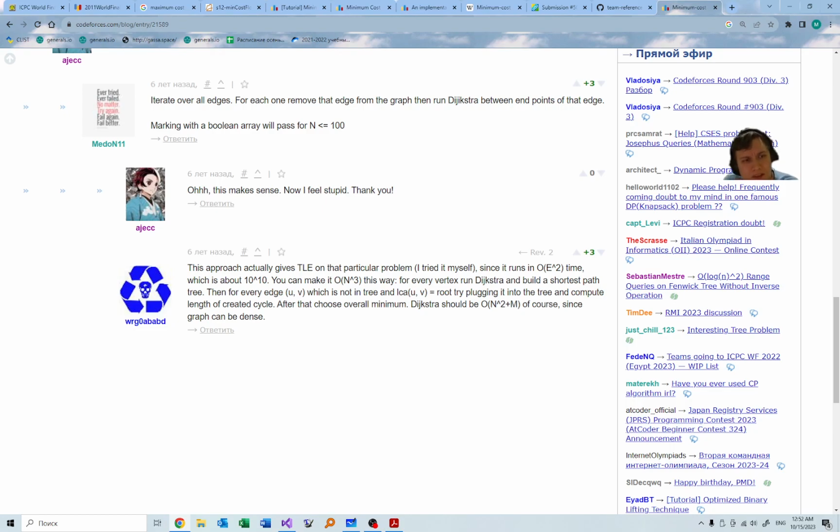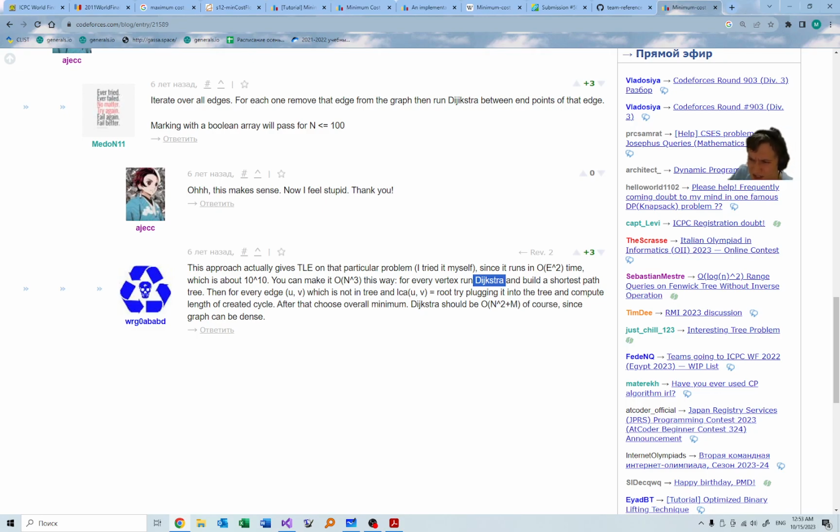Okay, we can find the minimum cycle in n cubed time. For every vertex, we run Dijkstra and build the shortest path tree. But Dijkstra doesn't work in case of negative cycles. I don't understand it.